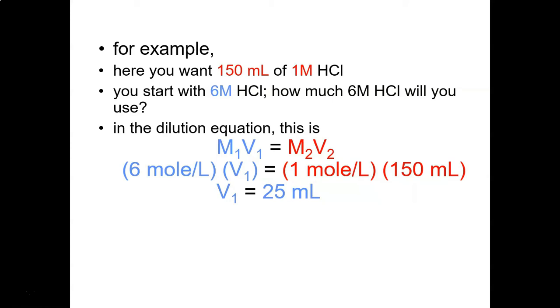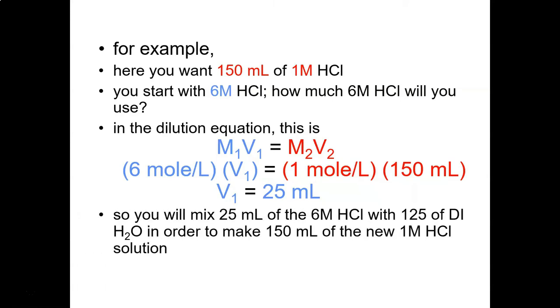We solve the equation and obtain V1 equals 25 mL. That means it is the portion of the concentrated solution we will use to dilute. So we will measure 25 mL of the 6 M solution and mix it with 125 mL of water in order to make an overall 150 mL of the diluted solution.